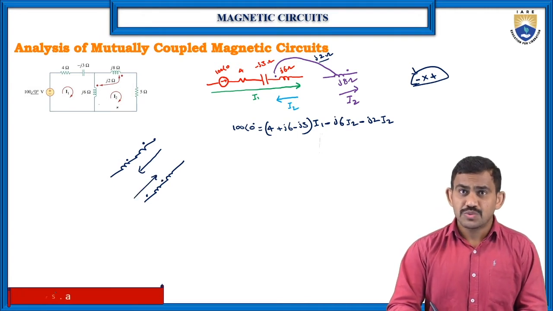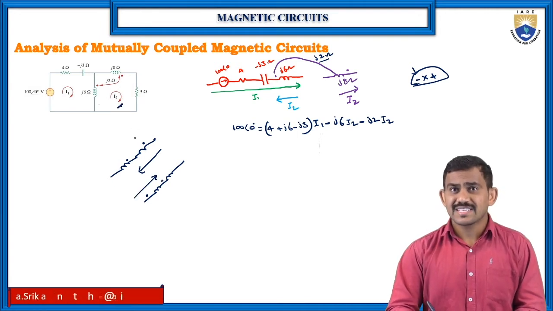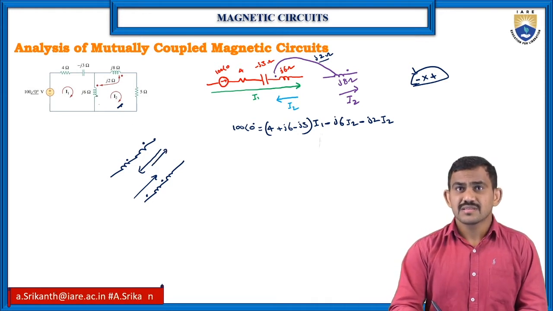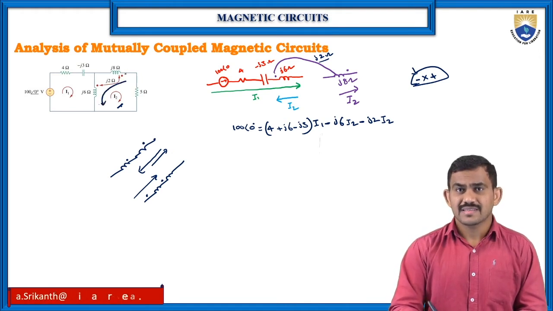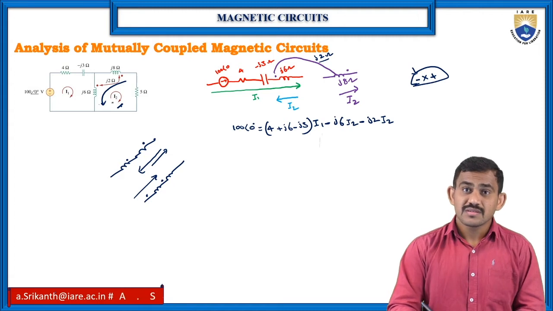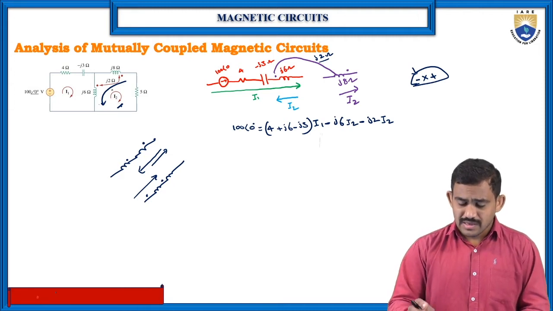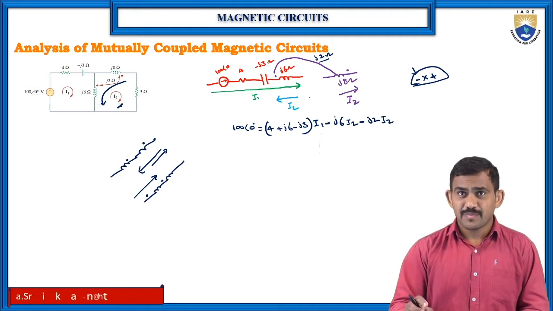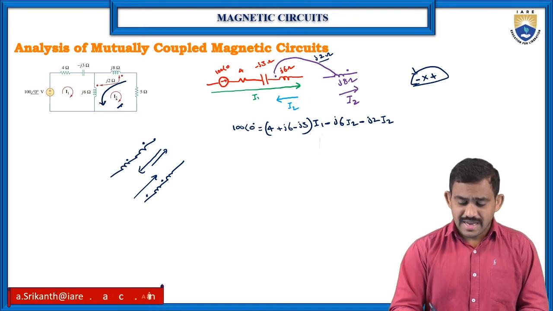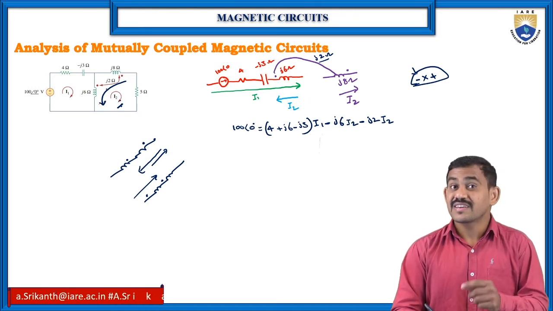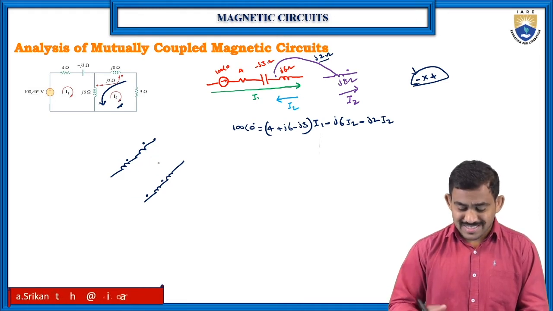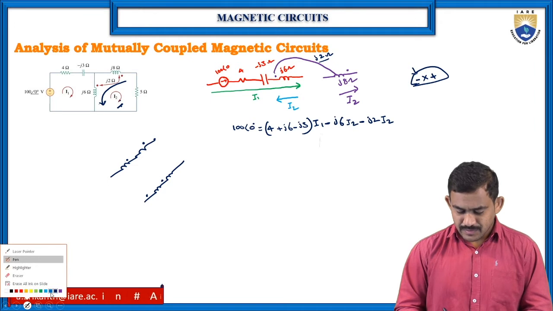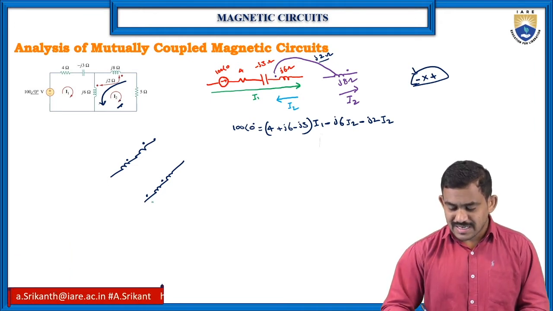But comparing with loop 2, the direction is reverse. See this. Actually your current direction is like this, and then only the dots are correct. Otherwise your loop 2 direction is reverse. Just think when you're writing the minus or plus. Here the I2 direction is reverse with your dot direction. Generally when two dots are at the starting position, the general current direction is this.